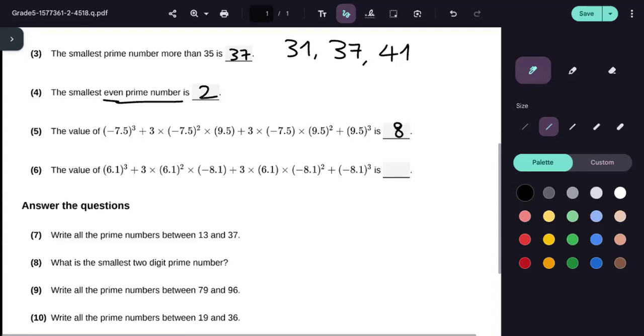Okay, now for about 2 minutes, can you try question 6? Just type it into your calculator. I'll give you about 2 minutes. Alright, here we go.